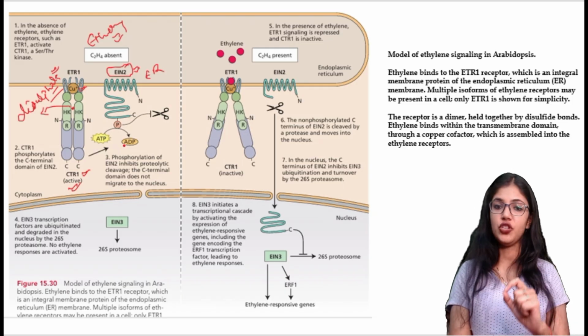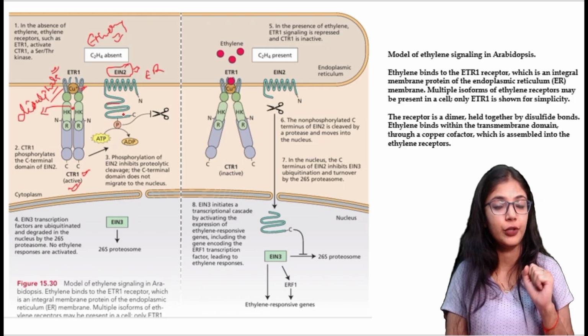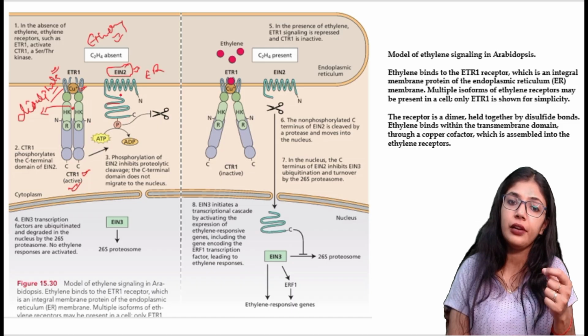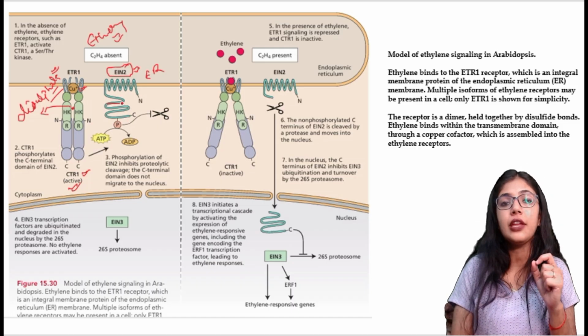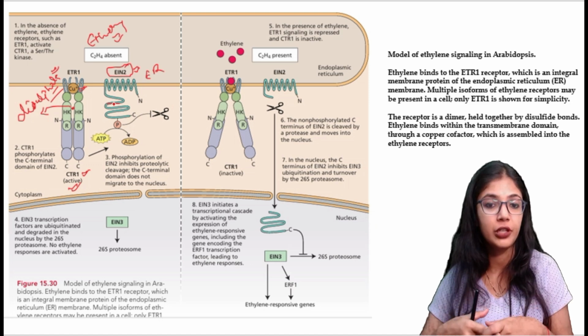Due to this phosphorylation, the C-terminal of EIN2 cannot be cleaved. So why does the C-terminal of EIN2 need to be cleaved?